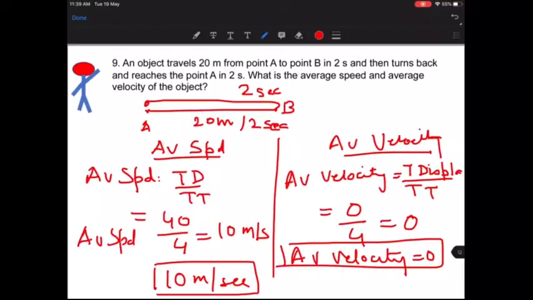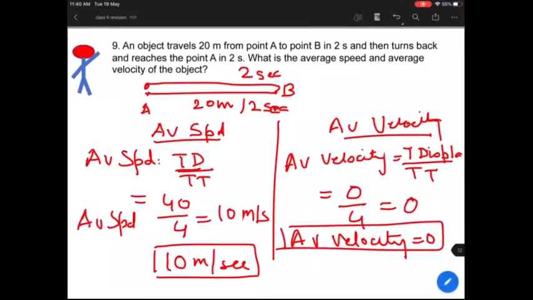Understood? When are average speed and average velocity equal? At the bottom, your total time remains the same, but only if your distance is equal to displacement will your average speed and average velocity be the same. When will that happen? Only when an object is traveling in a straight line, because for any object traveling in a straight line, the speed and the velocity are going to be the same.